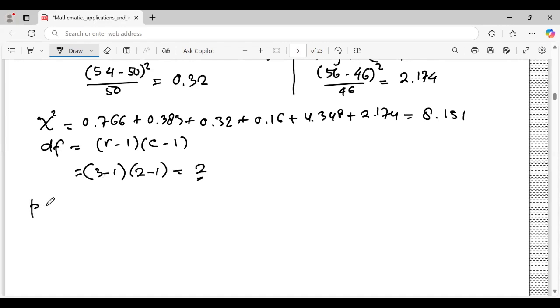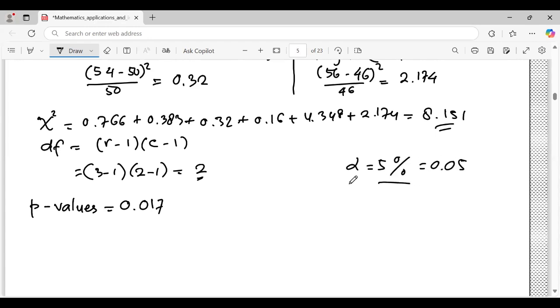And p-value, based on this information, you can determine through a table or your calculator, is 0.017. So we can state that alpha is 5% or 0.05.